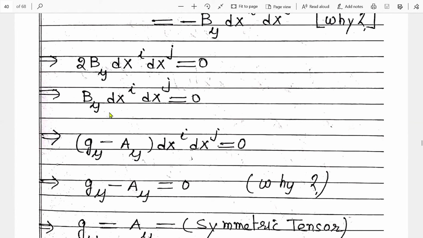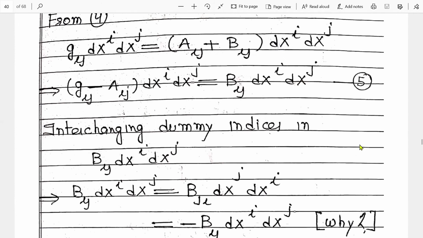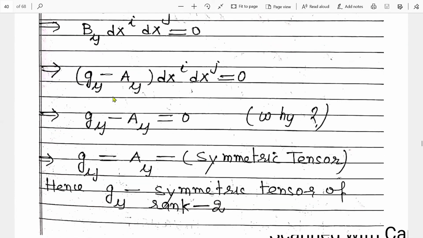Now substitute this term in equation number 5. So we get this term equal to 0. Since these are arbitrary, this term will become 0.